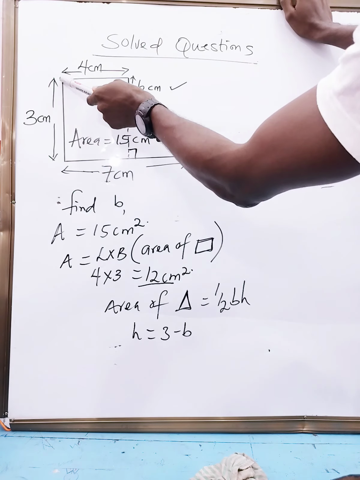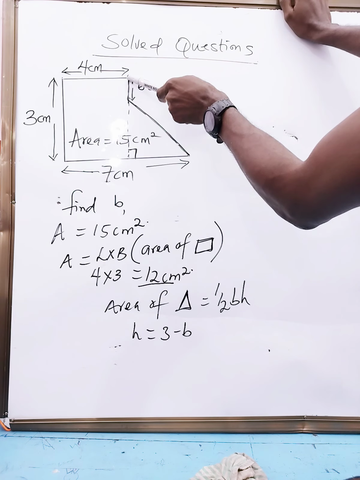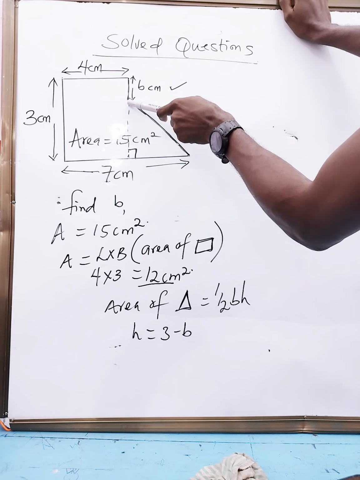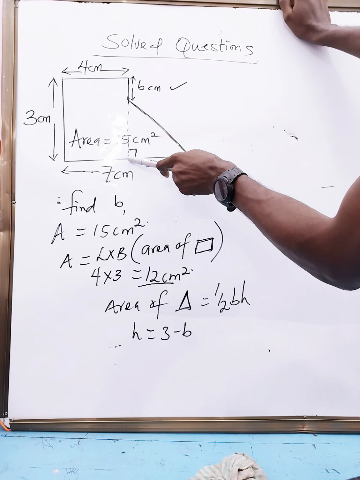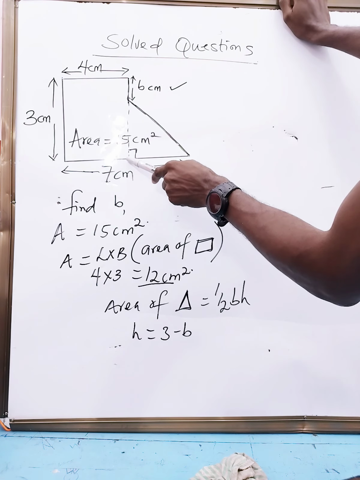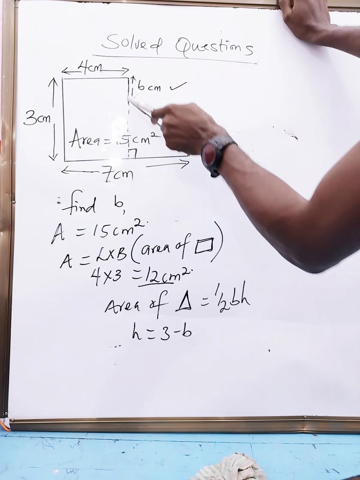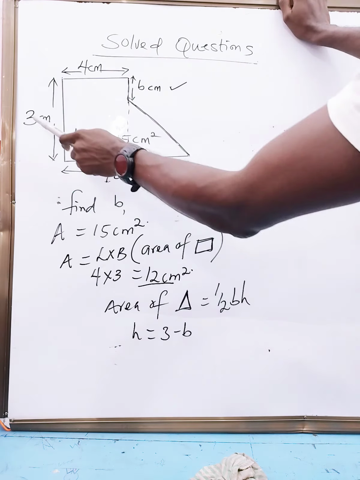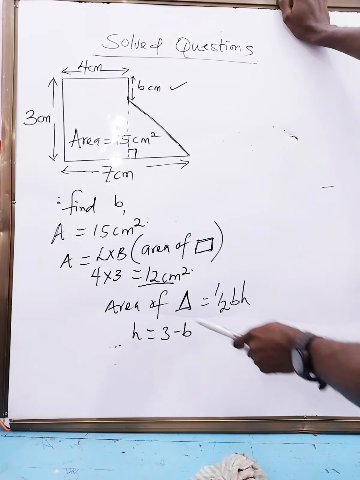From here to here is 3 centimeters, but this place is removed. This is the height. So 3 minus B equals our height.